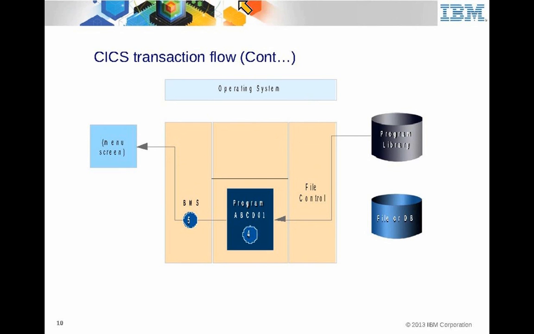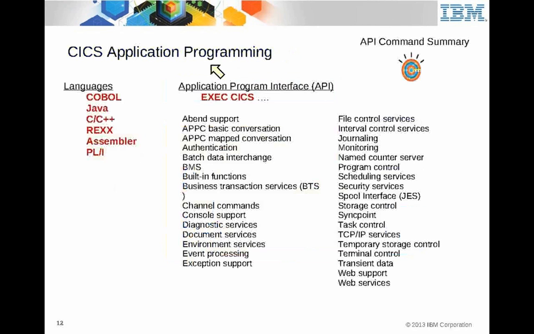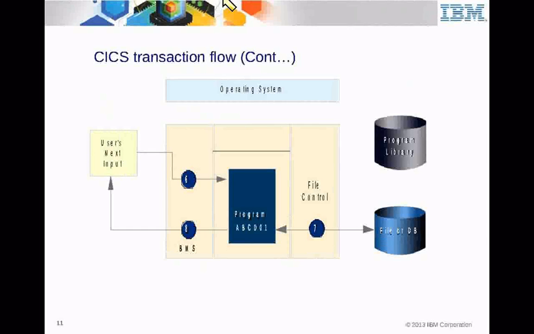The program comes off of a program library, probably a partitioned data set that's got the executable module in it. The executable module gets loaded, and then inside the executable module, I'm writing a 3270 screen. So then the 3270 screen is presented to me, and the user might input something that goes back to the program.